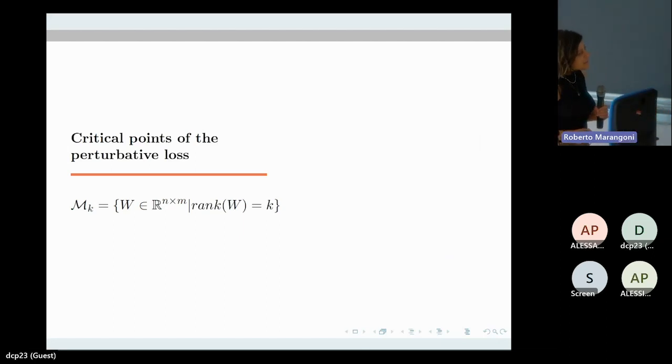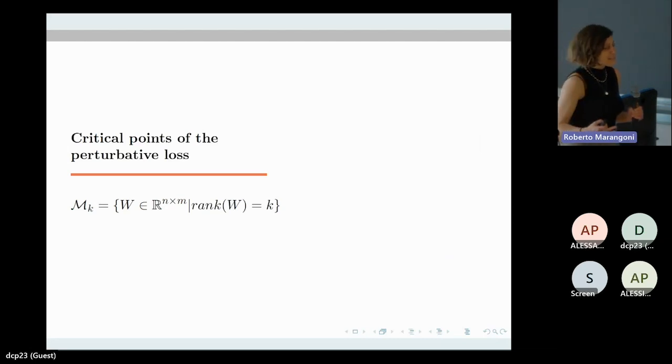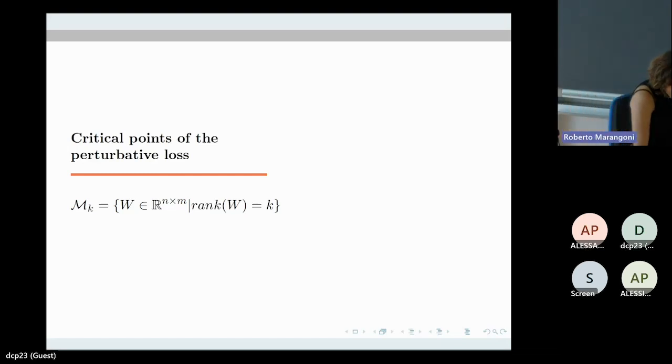By that, we mean we have this manifold of end-to-end matrices, where N is the output dimension, M is the input dimension, and the rank of W is K. This depends on the structure of the neural network. If the linear neural network has a bottleneck, then the rank will be the minimum of the dimensions of the layers, or the input or output dimension.